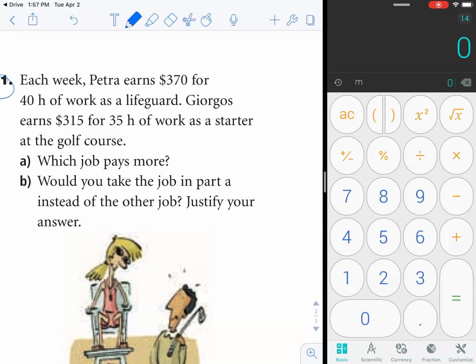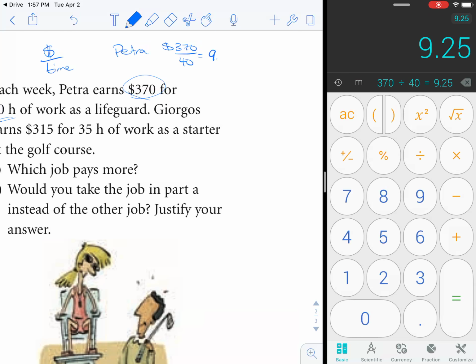Each week, Petra earns this much for 40 hours. So dollars divided by time. Petra is 370 divided by 40. So she would earn $9.25 per every hour she works.